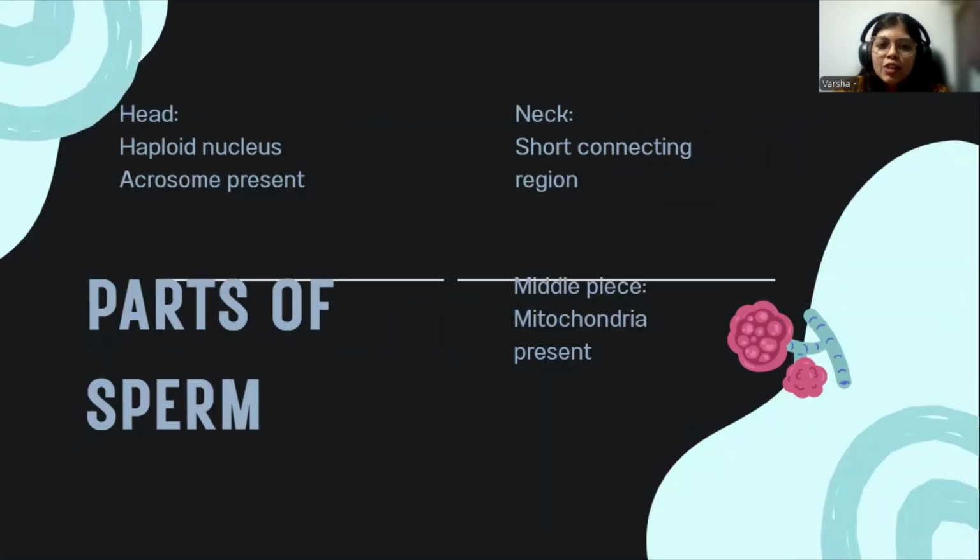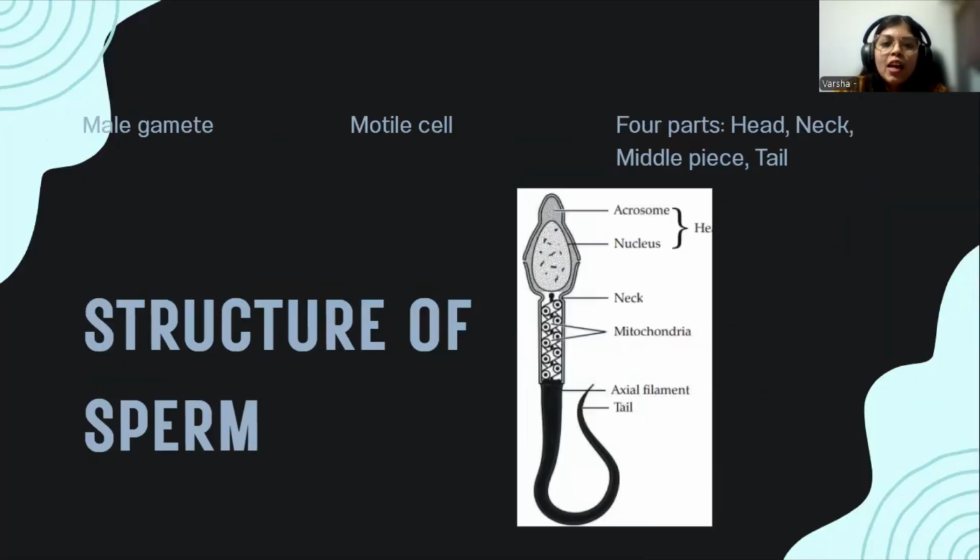Let us understand each part clearly. The head contains the nucleus, so genetic material is present here. On top, we have an acrosome layer, which helps in the penetration of the ovum. Can you see it here? Yeah, so acrosome equals penetration.